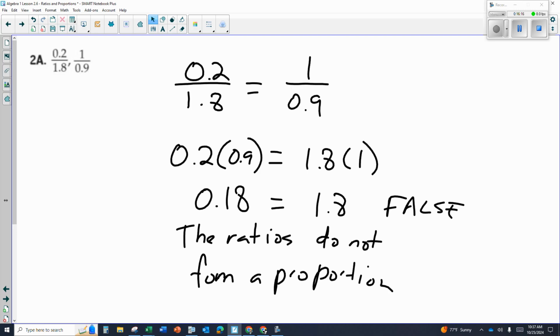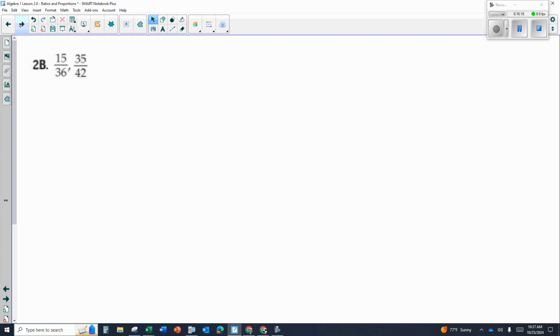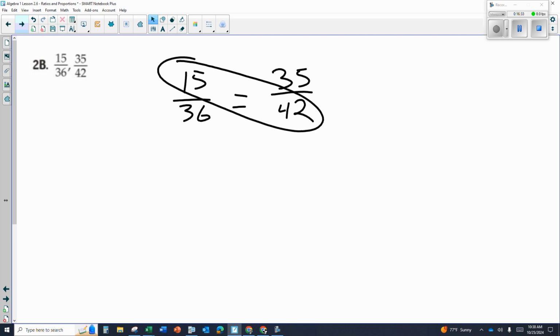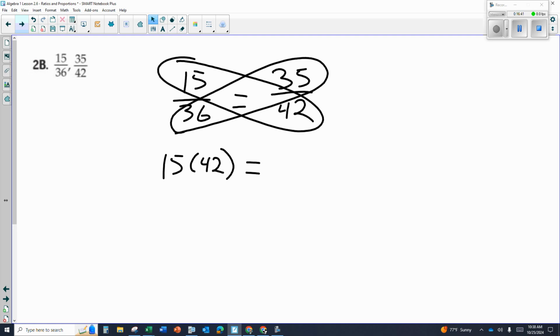All right, so now let's take a look at 2B. The ratio of 15 to 36, so 15 divided by 36, does that equal 35 divided by 42? To set this up, we're going to look at the cross product of the extremes, so 15 times 42, and we want to see, does that equal the product of the means, 36 times 35?